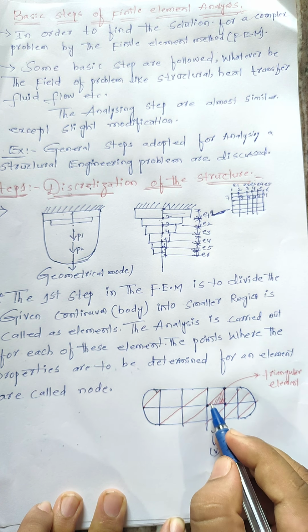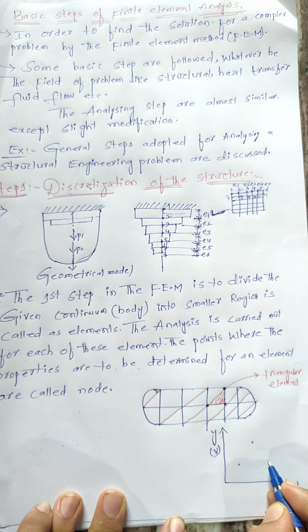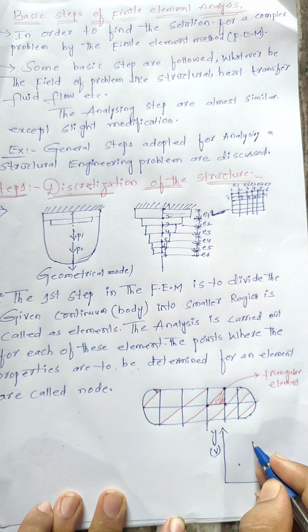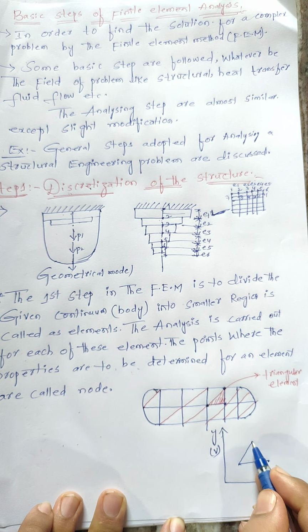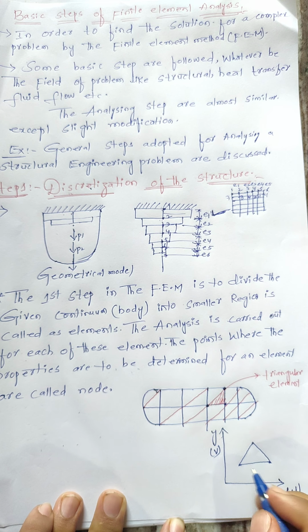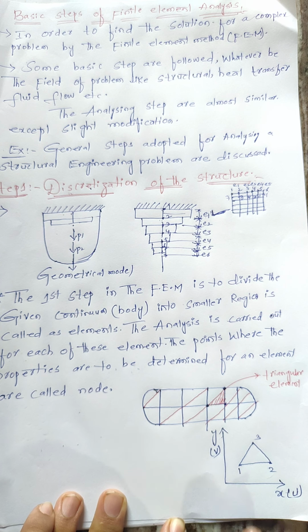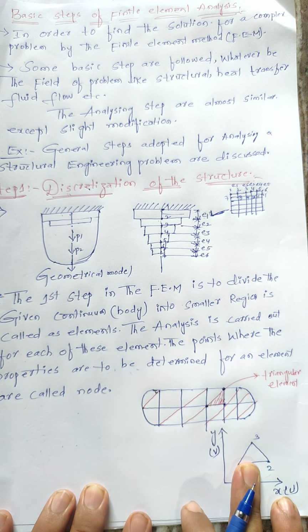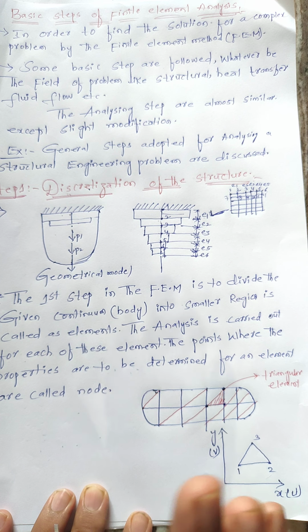I am taking this triangle element with first node, second node and third node. If we join the first node to the second node, to the third node, and third back to the first node, how many nodes are there? Total 3 nodes. How many degrees of freedom? Total 6 degrees of freedom.